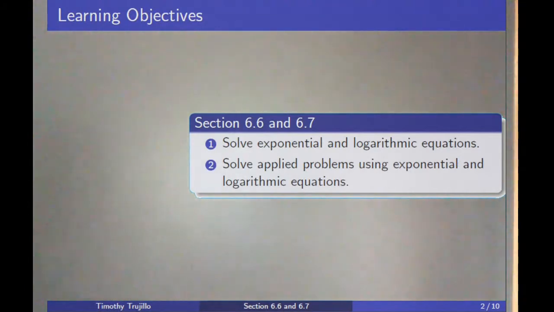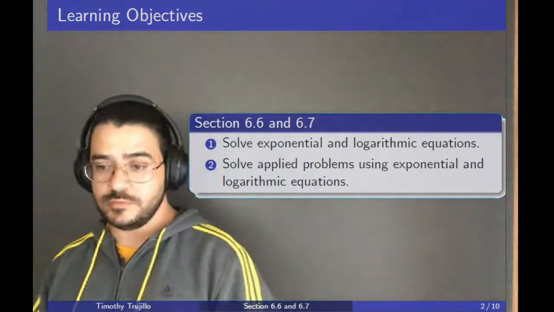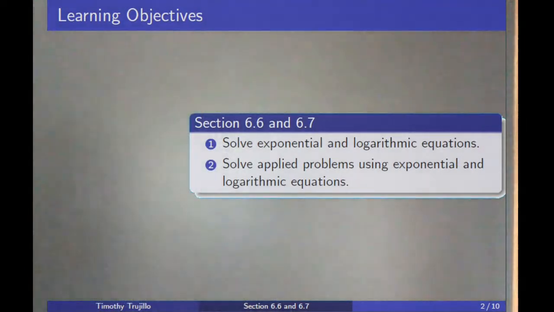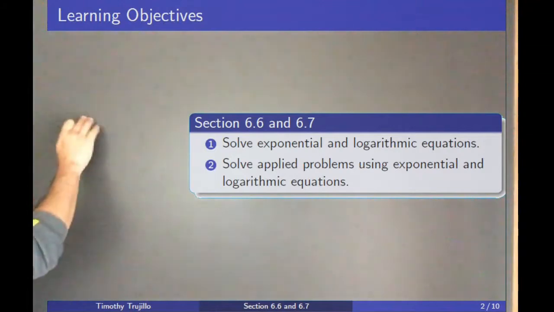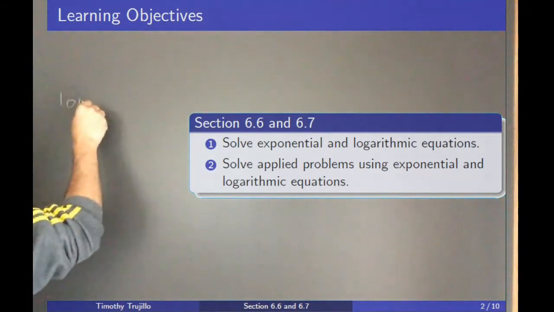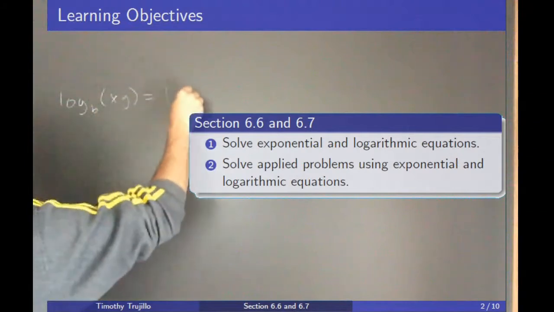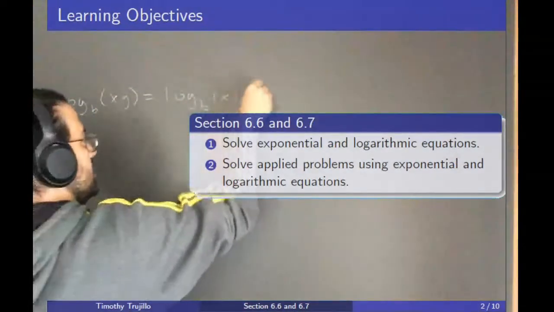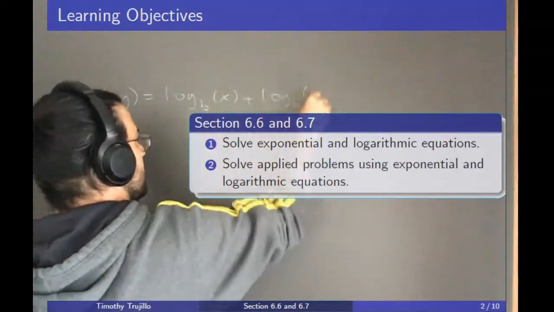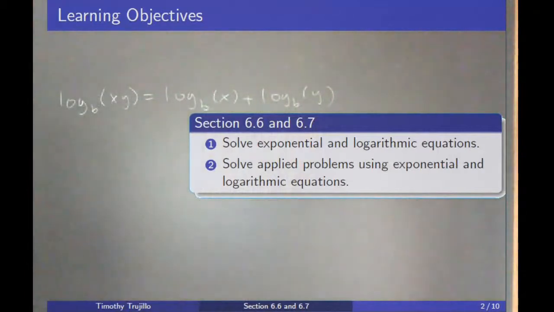And what we'll need is just a quick reminder of some of the properties of logarithms that we've been looking at. Let me remind you of the product rule, the quotient rule, and the power rule. The log base b of x times y is the log base b of x plus the log base b of y.